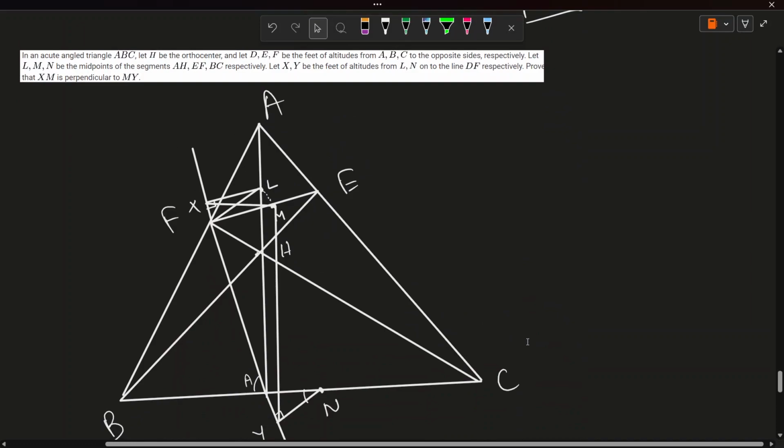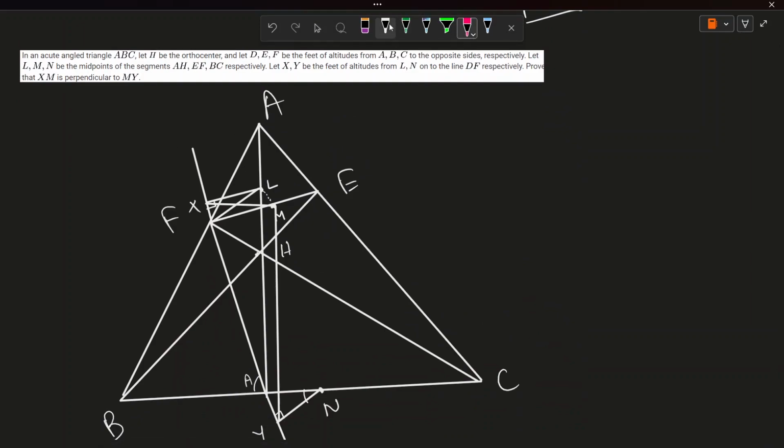I've already drawn a very rough diagram. First let us do some angle chase. Let me draw a small diagram of quadrilateral A, F, E, H. This is cyclic because the opposite angles sum up to 180 degrees.